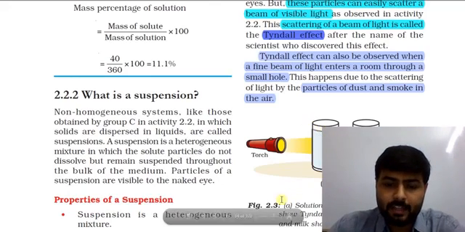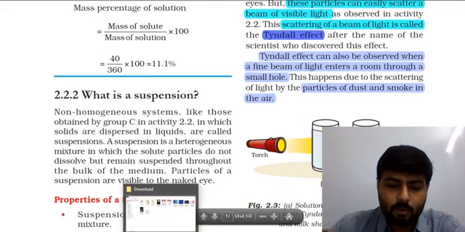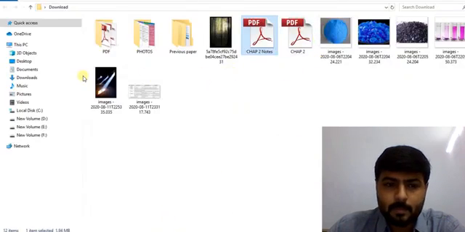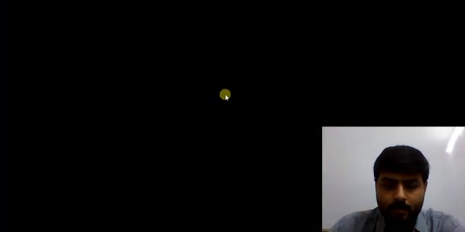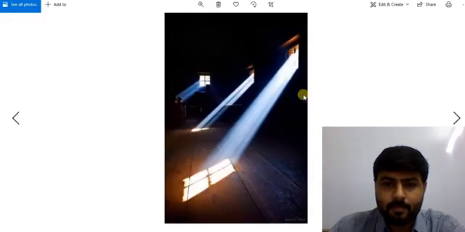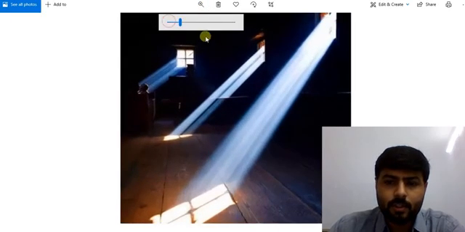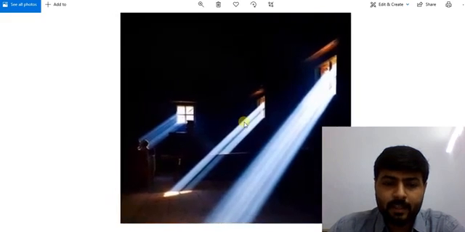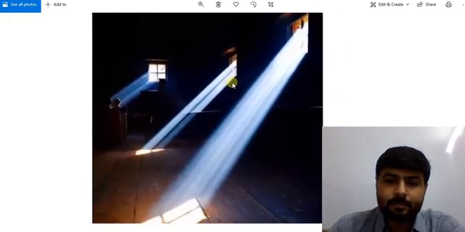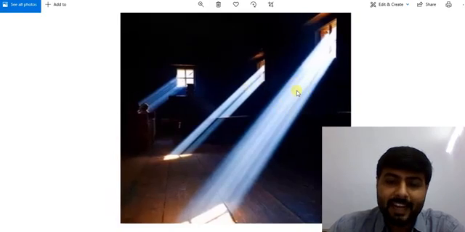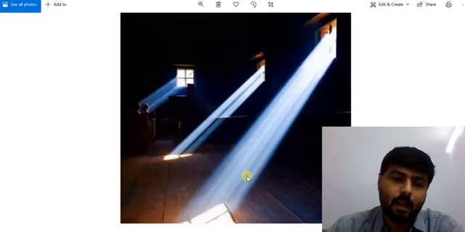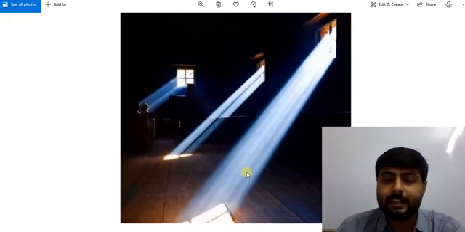So how it looks, it looks something like this. This is not actually a small hole, but this is the window from which the light beam is coming, and here you can see the scattering effect of light by which the path of this light is visible.